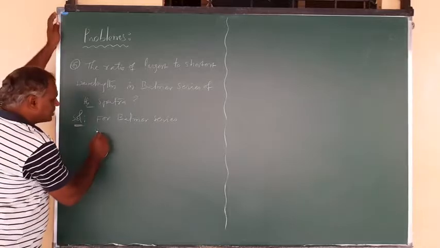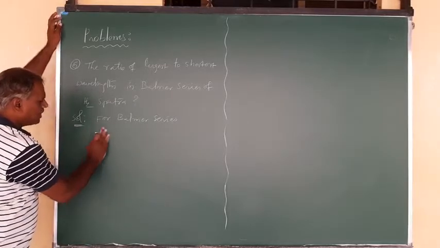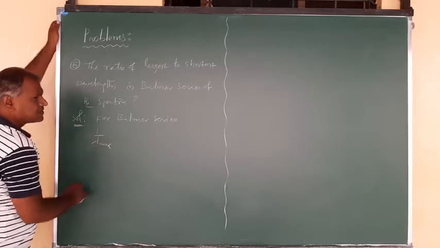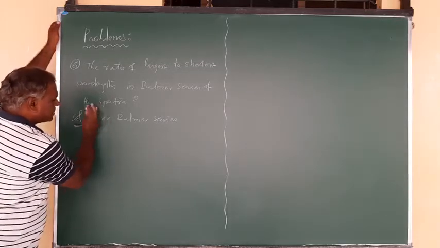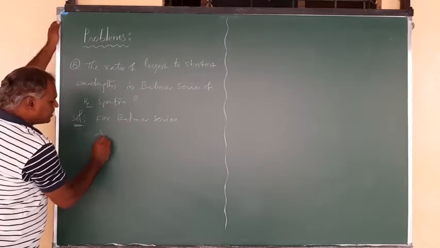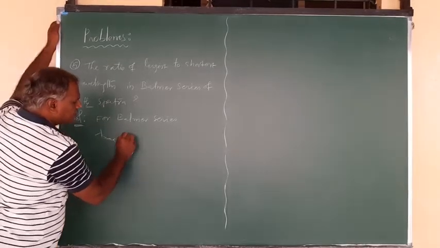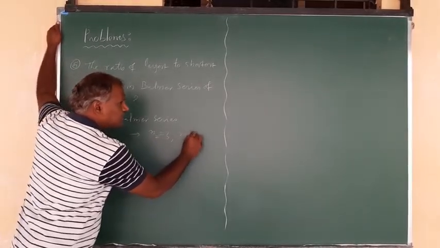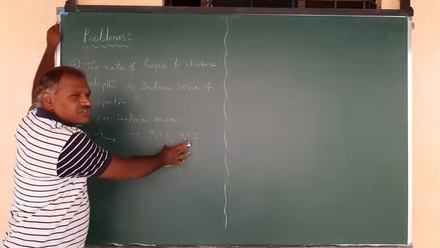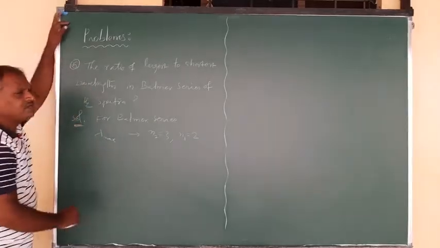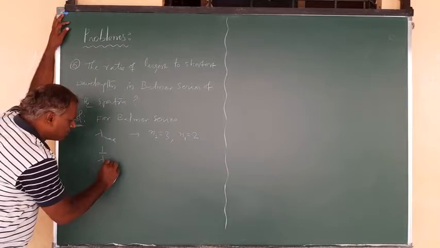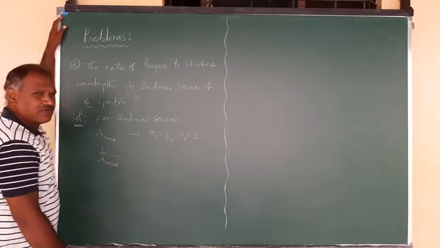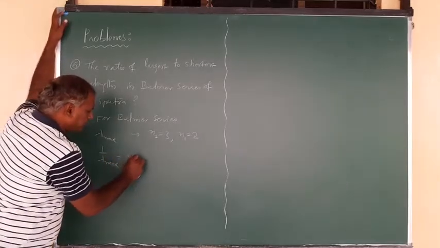So for Balmer series, 1 by lambda max, the transition should be where to where? N2 should be 3 and N1 should be 2. So where this electron made a transition, there you get that wavelength is maximum. So I am calculating here 1 by lambda max is equal to, whatever the value is there, that is 0.53.